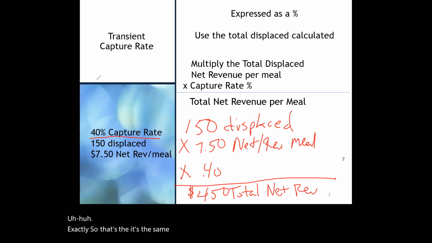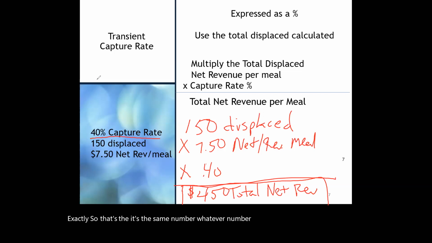Whatever number you use for the room revenue differential, you're going to use that same number here, because this is the revenue that those 150 displaced people would potentially bring in. It's the same idea, and you'll see that in just a moment. Good question.